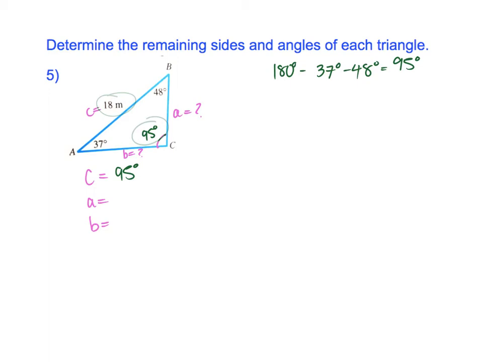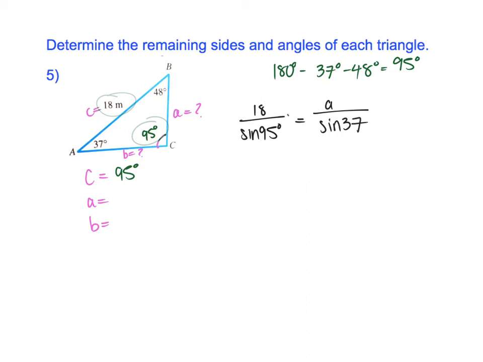So I'm going to use little c, which is 18 over sine of 95. This shows the relationship between c, the side, and the angle. And then I want to set that equal to, let's find a first. I have little a that I want to find, and the angle for little a is 37. So I have little a divided by sine of 37.